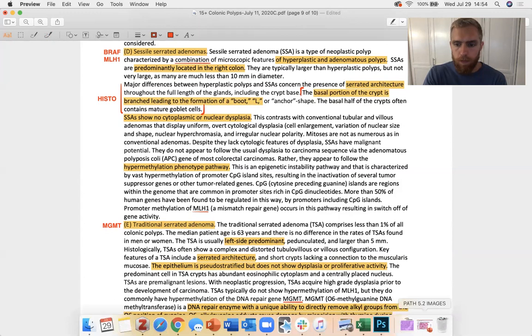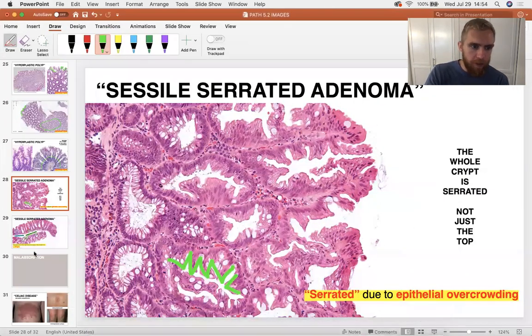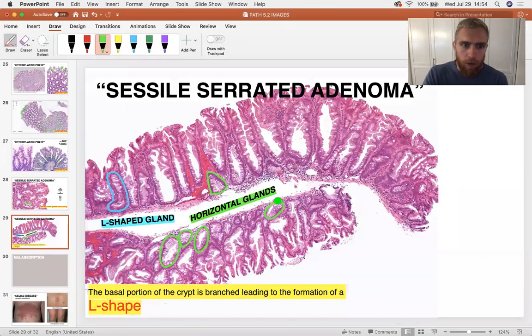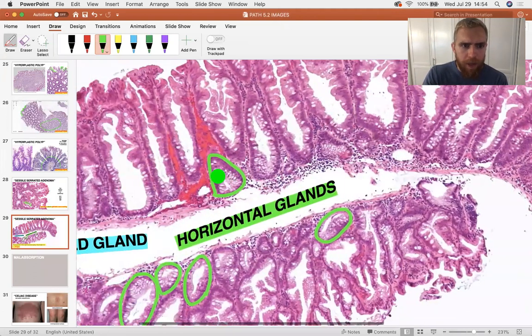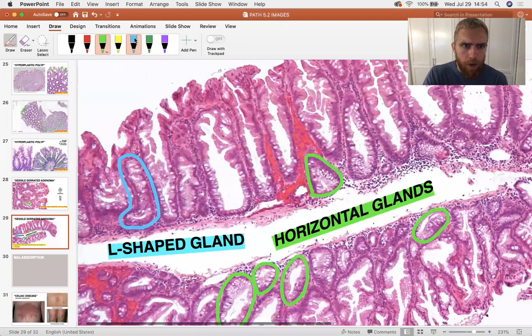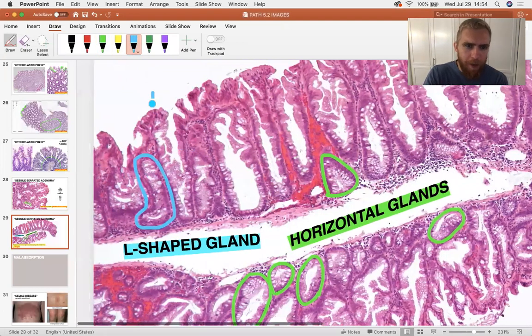So let's take a look at what that looks like. This is a sessile serrated adenoma, and on the left side of the screen here, you've got a nice example of an L-shaped or a boot-shaped gland.